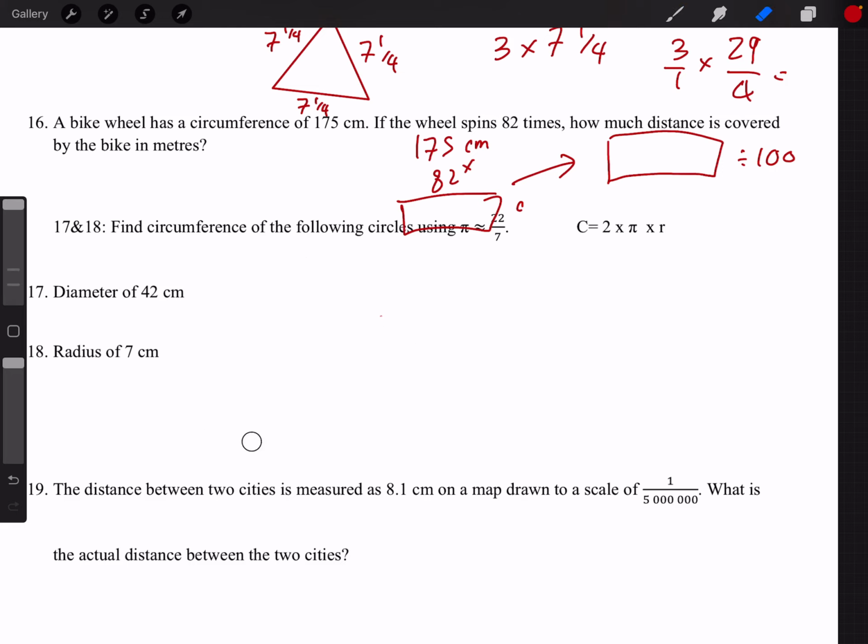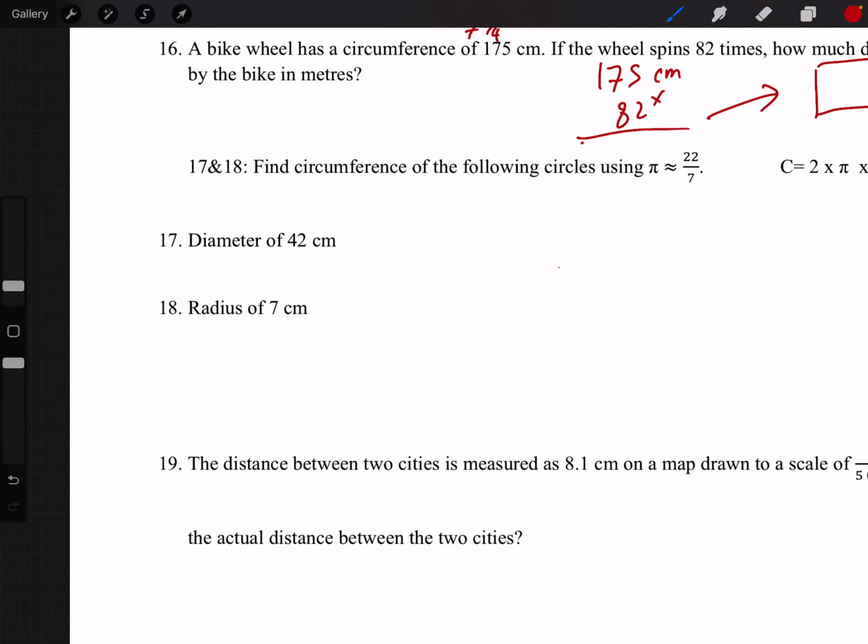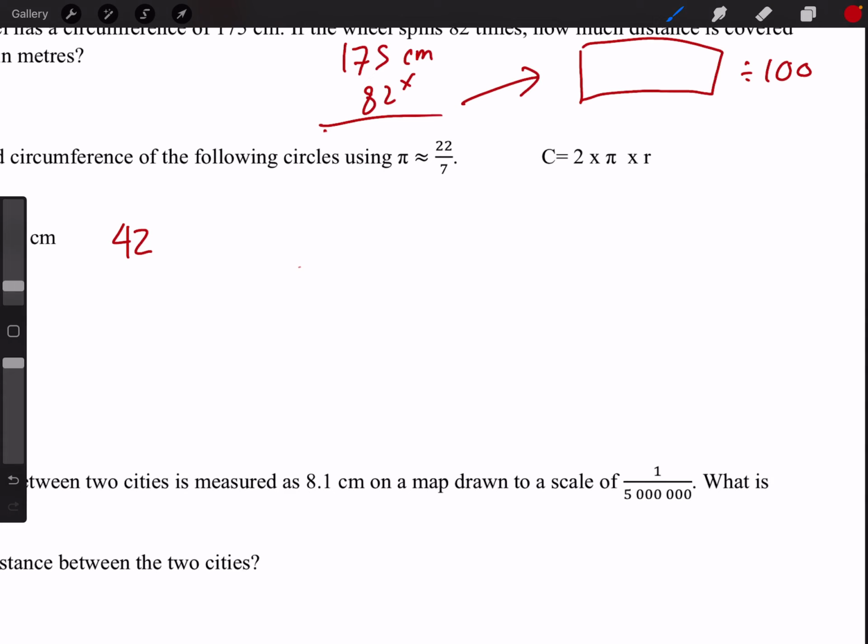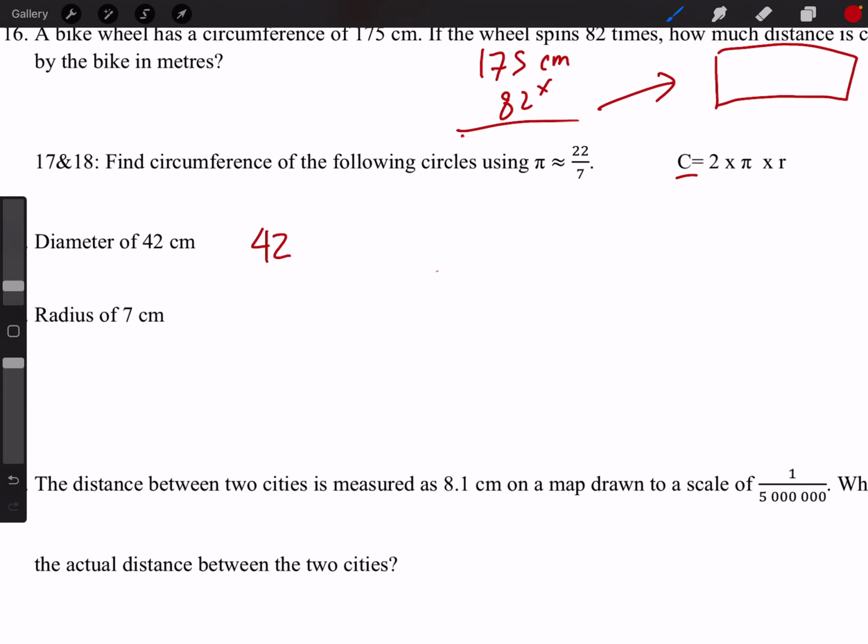Next one says find the circumference of the following. Okay, so it says 42. To find the circumference, we must use a formula. So I'll just write the formula over here.